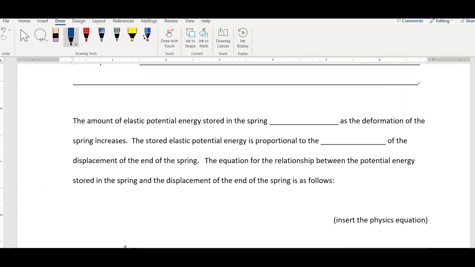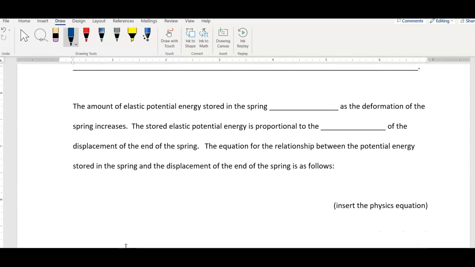Then the other part of this lab, we looked at the relationship between elastic potential energy and the deformation. And the amount of elastic potential energy stored in the spring increased as the deformation of the spring increased, right?